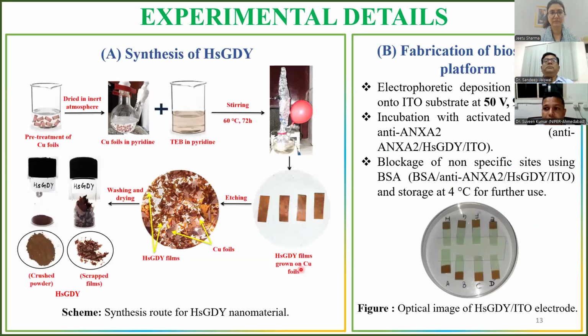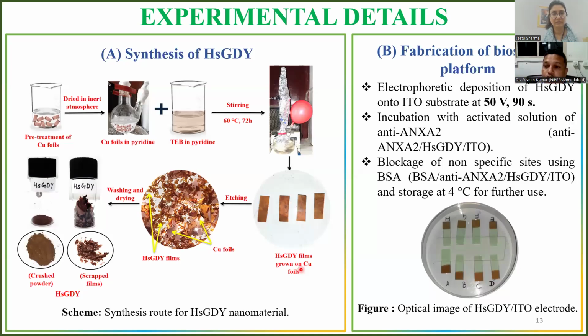This is the chemical process that we have used for the synthesis. First we would like to see whether this material works or not, so we used a traditional ITO electrode and studied its electrochemical properties.